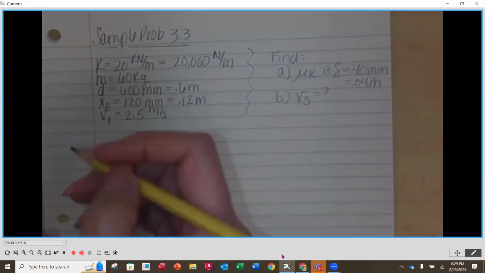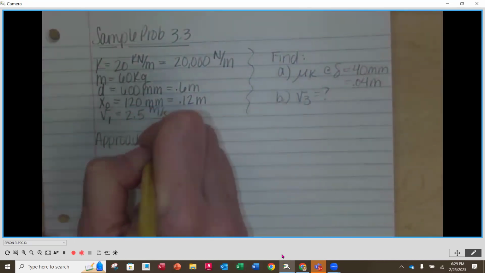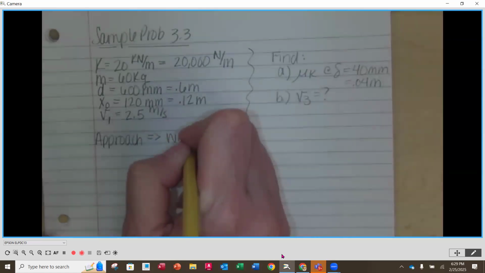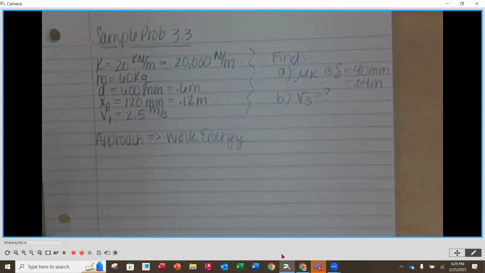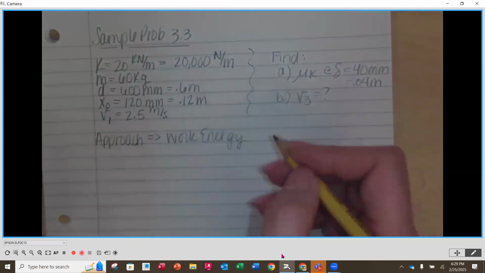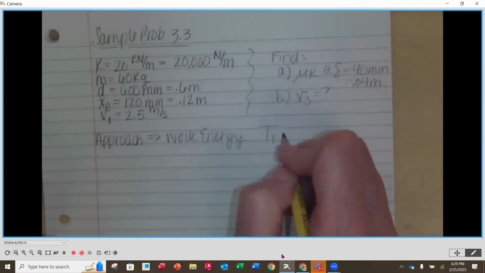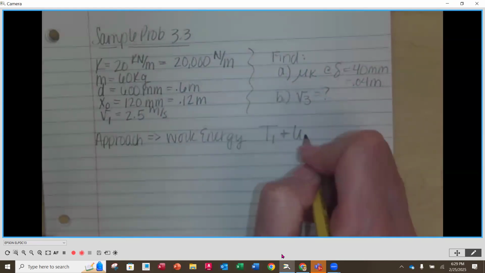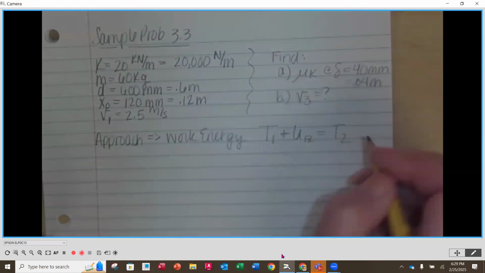So the approach we're going to take is the work energy theorem. We want to find a velocity, we've got some distances, so it makes sense. Work energy theorem is T1 plus the work done between positions 1 and 2 is equal to T2.